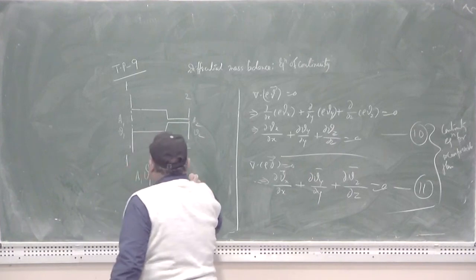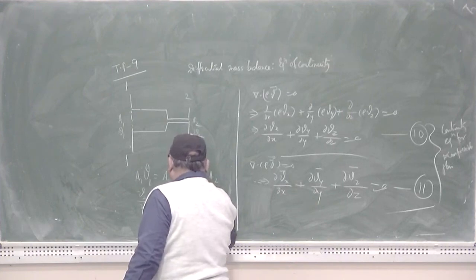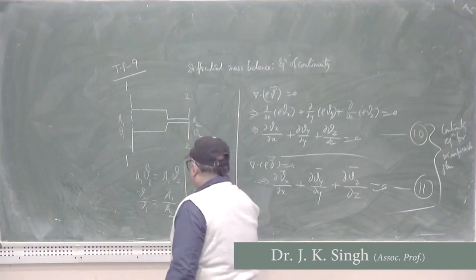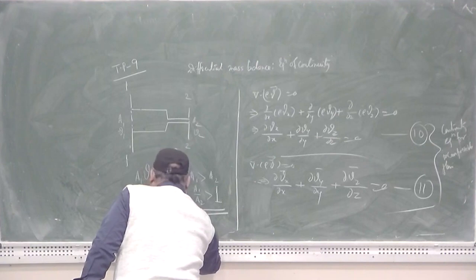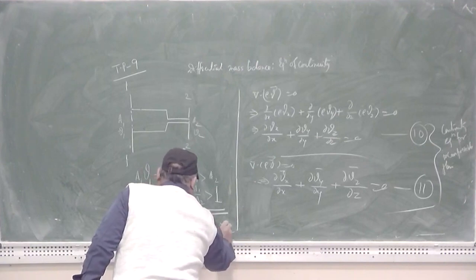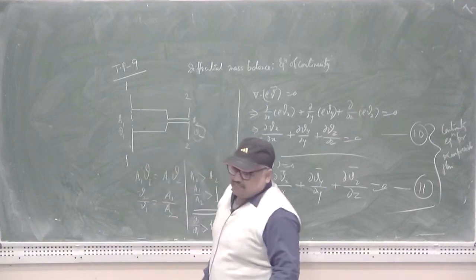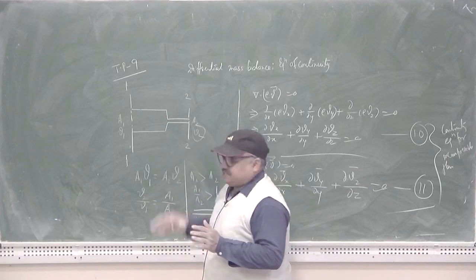Since A1 is greater than A2, A1 by A2 is greater than 1. So, V2 by V1 is greater than 1, which implies V2 is greater than V1. That means the fluid velocity will be larger at this cross section.